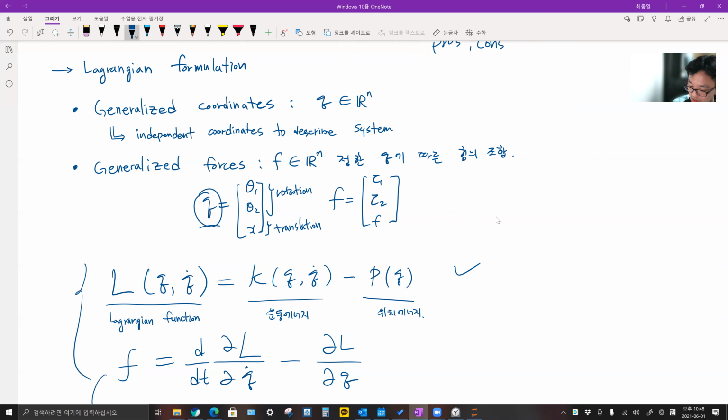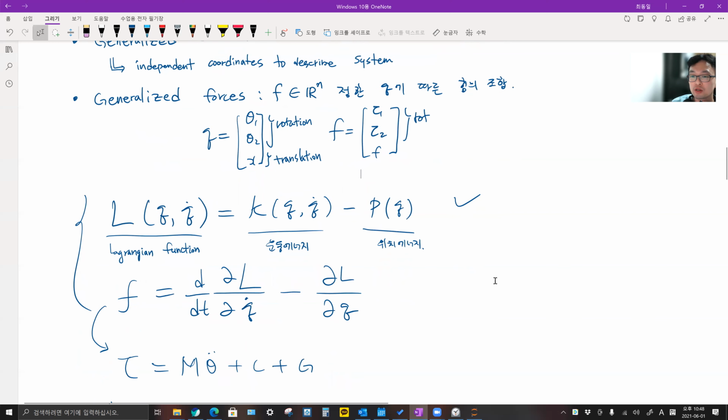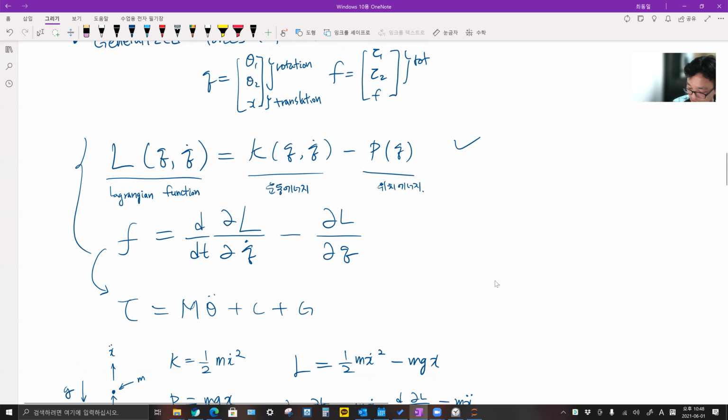When we use this kind of q, we can define the generalized force F as tau 1, tau 2, F. Because this one is about rotation, we use tau, and because this one is translation, F is also about the translation.